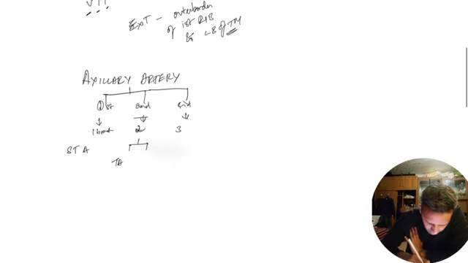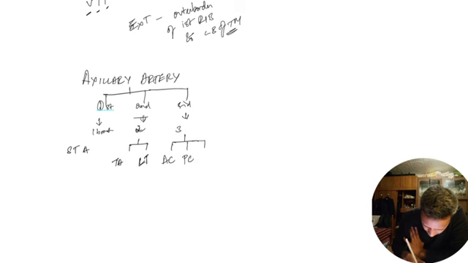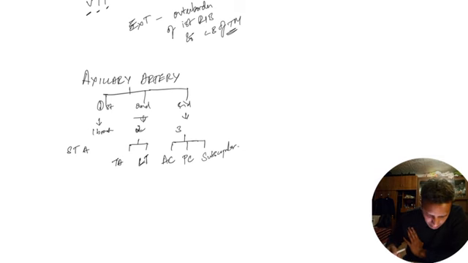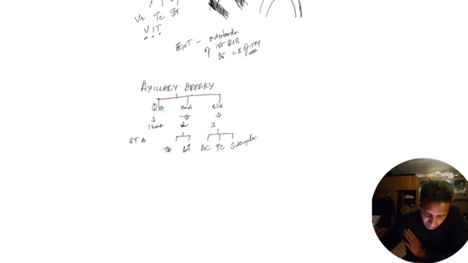The second part gives off two branches, the thoracoacromial or acromiothoracic artery, and the lateral thoracic artery. The third part gives off three branches: anterior circumflex, posterior circumflex, and subscapular. So these are the branches of your axillary.